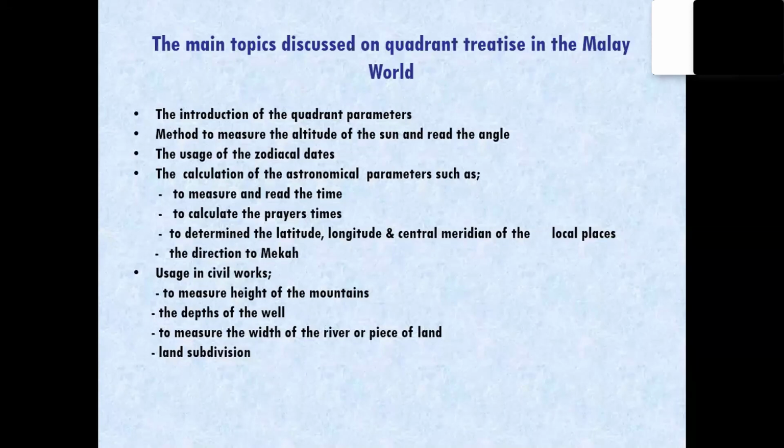This is to determine the direction to Mecca. This shows us that this instrument has been used to produce prayer time and to determine the direction to Mecca.